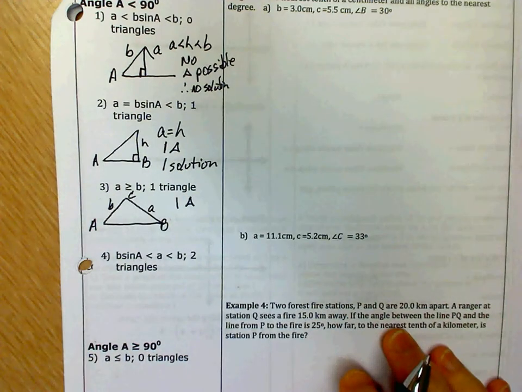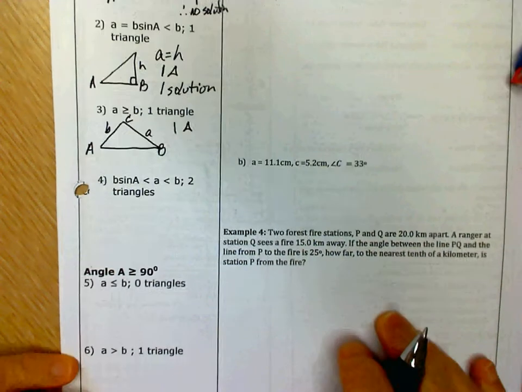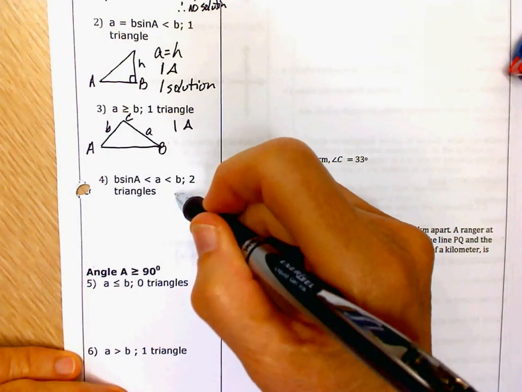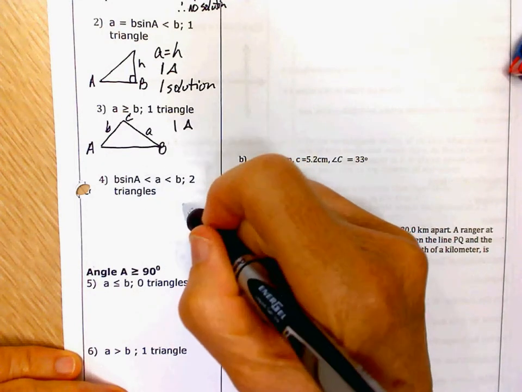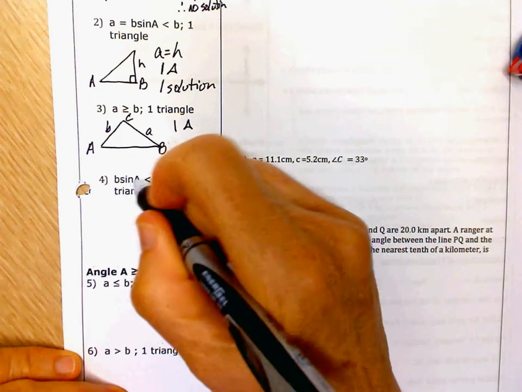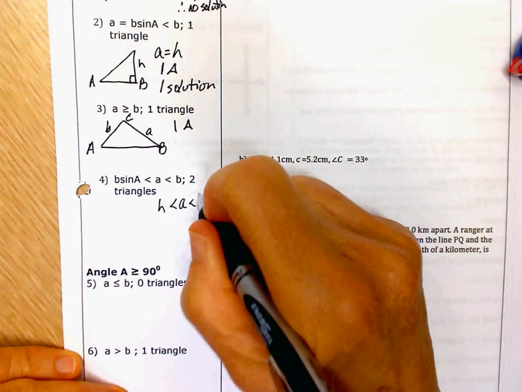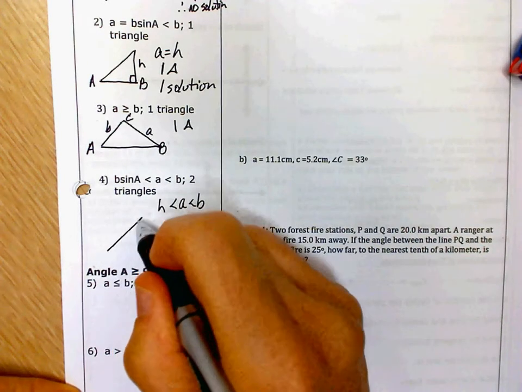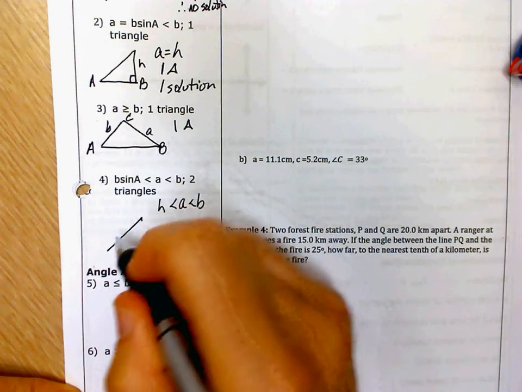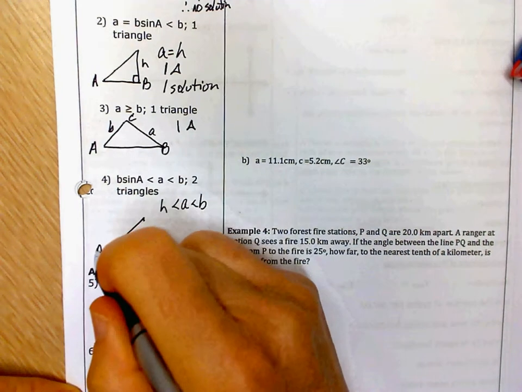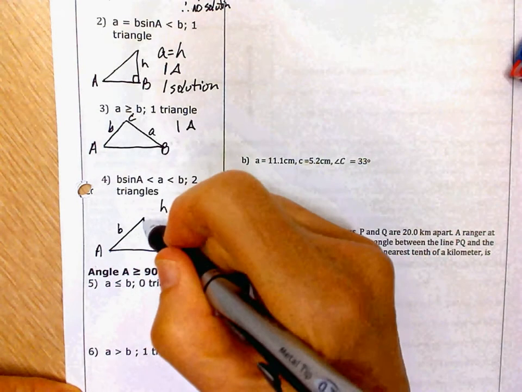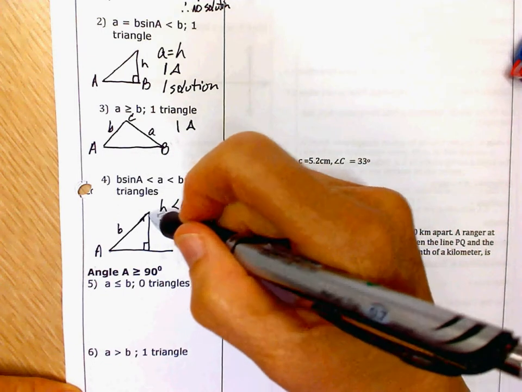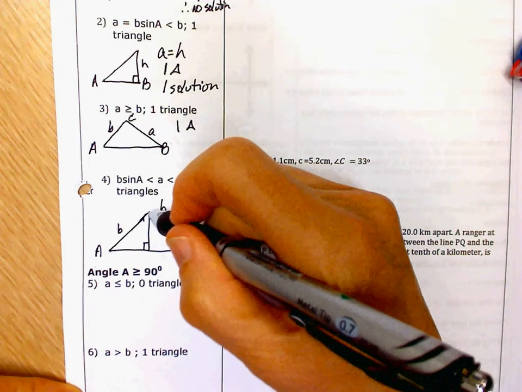Now, if A is between the height of the triangle, remember B sine A is the height, and B, then you have two possible triangles. Here's your A. This is B. Now, there's our height. So we don't know where to place A. If A is less than B, but it's also greater than the height, A could be there or A could be there.